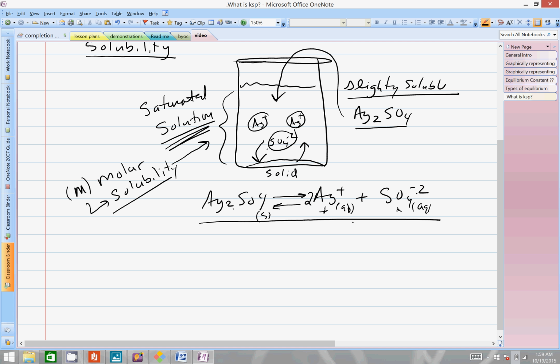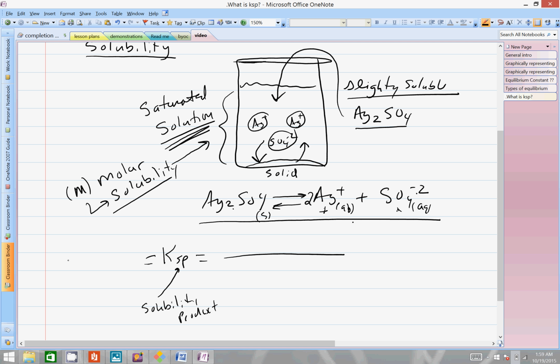We call this thing KSP. Now the SP stands for solubility product. Now, in this case, remember we're tracking concentrations.